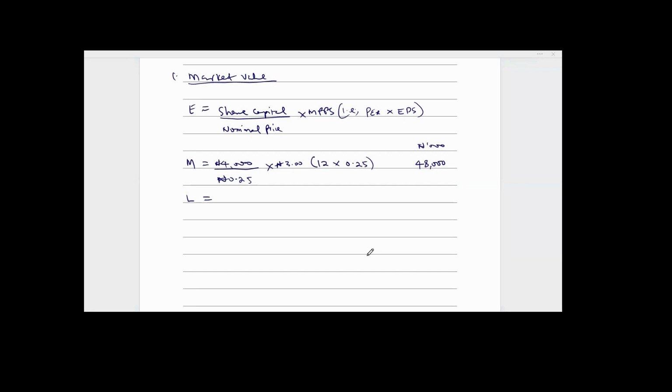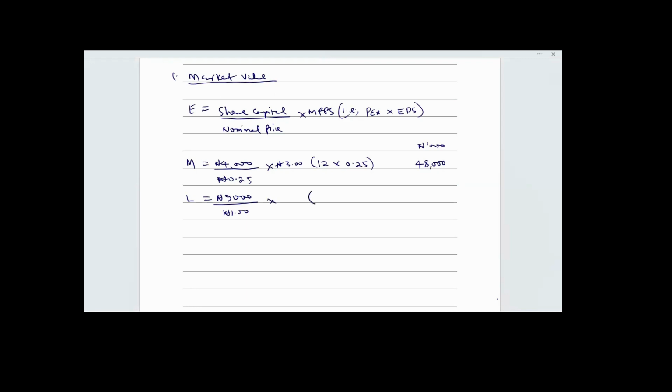Then the nominal price of a Limpopo share, we are told that it is 50 kobo for the others and 1 naira for Limpopo. So the nominal price of Limpopo shares is 1 naira. So that will be 9,000 naira divided by 1 naira, which gives me the number of shares.